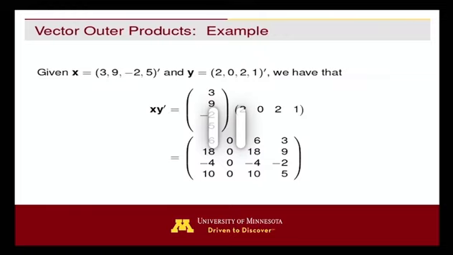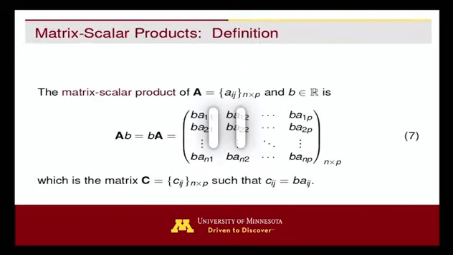Okay, so matrix scalar products. The moment you hear scalar, they want to use a constant number to multiply a matrix. Here, A is a matrix, B is a scalar. Because B is a constant, it can multiply every element in the matrix.